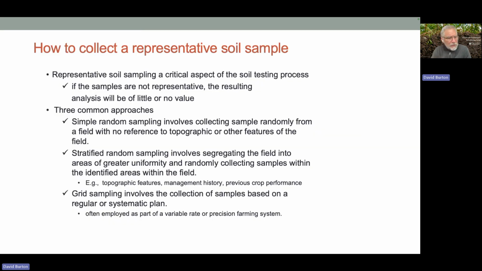So one of the really important things we have to do is make sure that when we collect the sample, it represents that which we're trying to characterize and that which we're planning to manage. So some of the decisions as to what we soil sample and how we partition that soil sampling unit depends on how we plan to manage it.